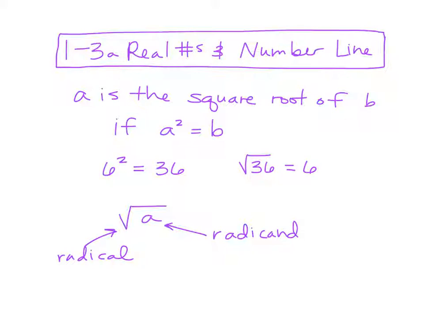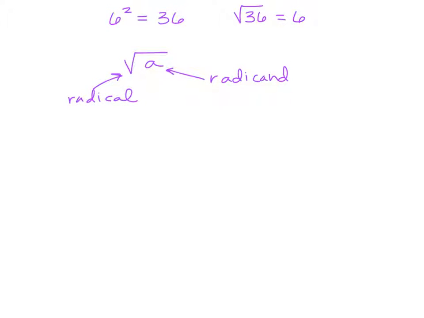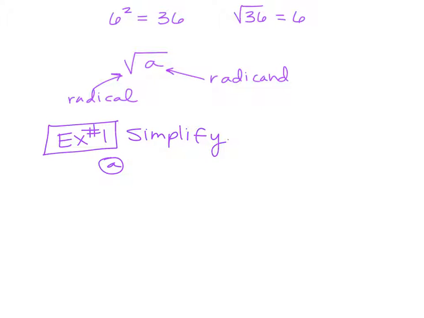Okay, so with this idea, because I'm sure you've seen square roots before, we're going to step into what you do to simplify them. So if I tell you to simplify these radicals, and I give you the square root of 81, I'm basically saying what needs to get multiplied by itself to equal 81.